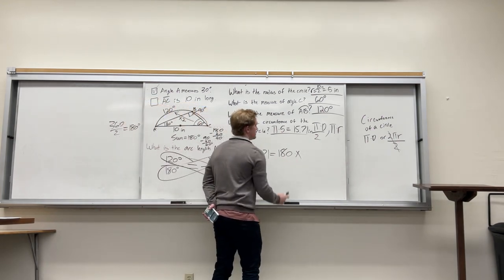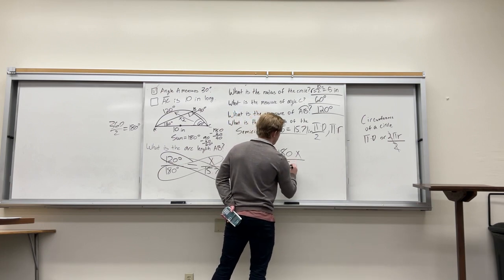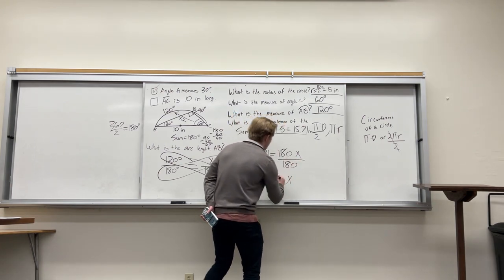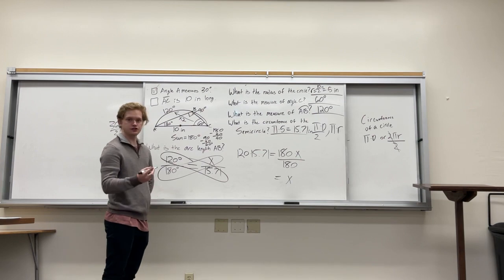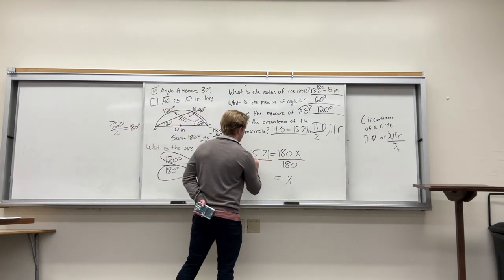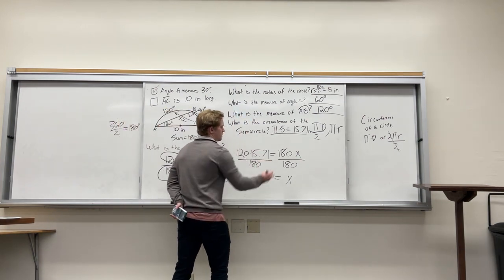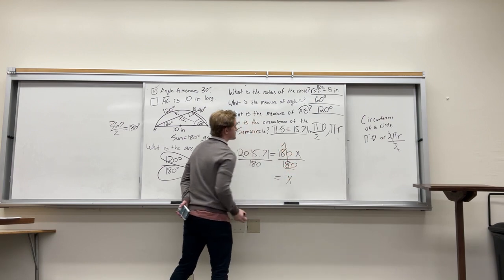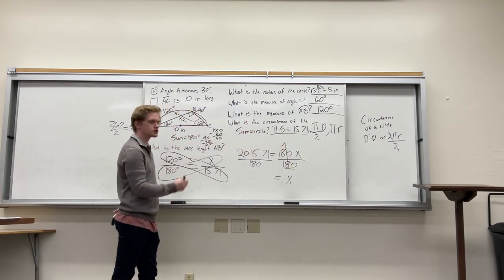So, if 180 times x is multiplying, let's just divide that over. We're trying to solve for x. So, let's just divide by 180, divide by 180, onto both sides. That turns into a big 1, so we're just left with x.